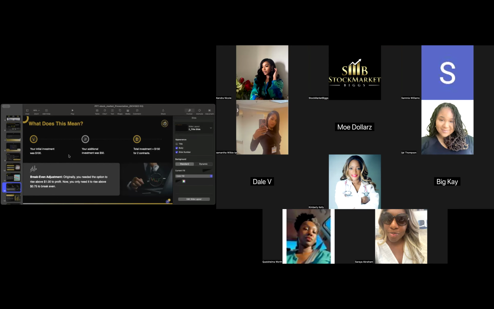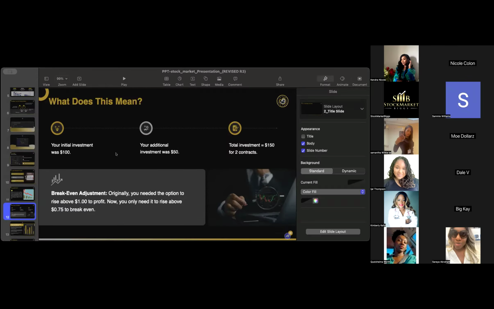Instead of panicking or immediately getting out of the trade, I decide to purchase another contract, this time at $50. So in total I've spent $150 for two contracts.